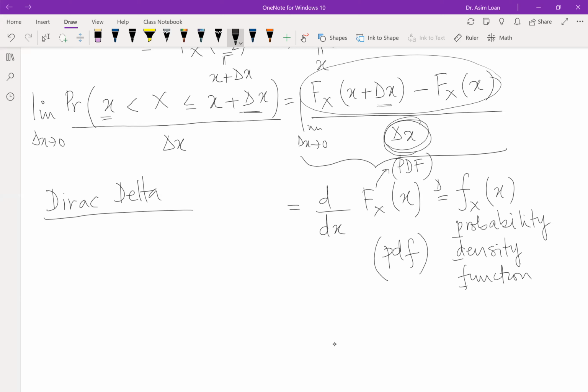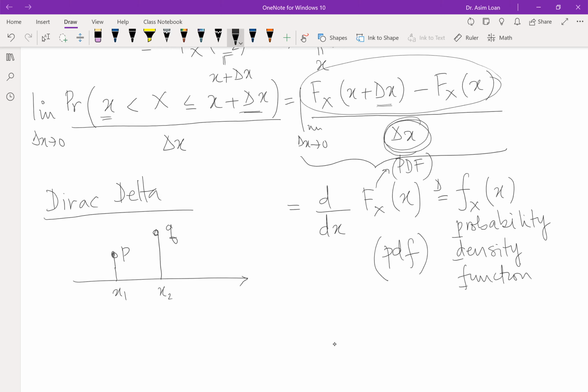If you're familiar with the Dirac delta and you have probabilities, so maybe it's a binary random variable, or a Bernoulli random variable, where both probabilities are maybe P and Q. This is P and this is Q. This is some X1, this is some X2, 0 or 1, whatever you want to call them.